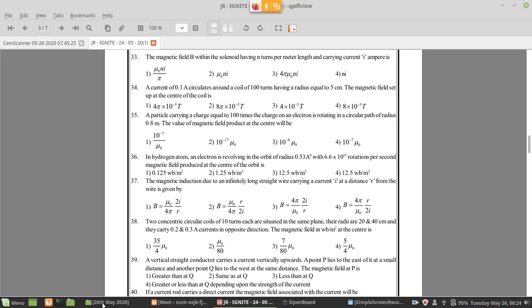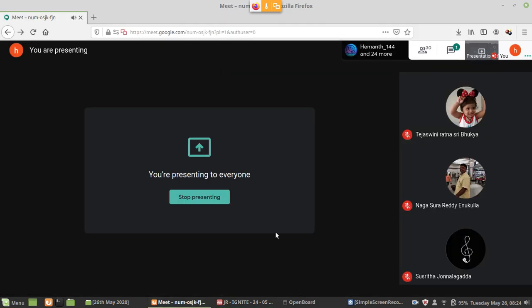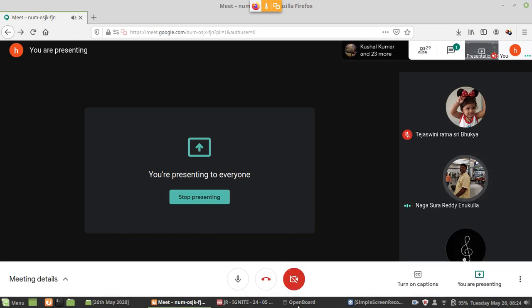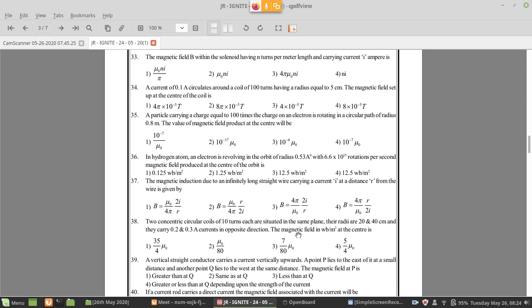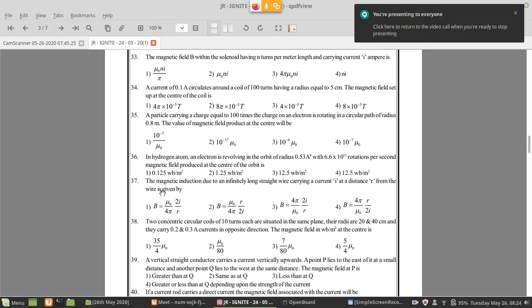Anand has left the meeting. Very good. Anjanaya? Did you work out this? What is the formula for this? N turns. 34th question.